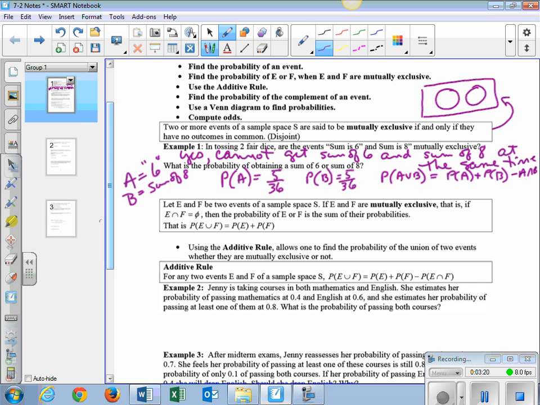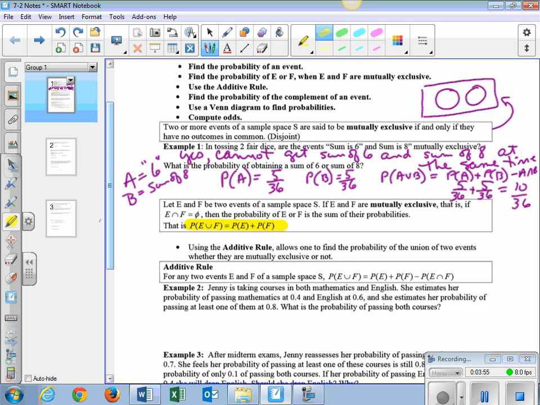So the probability of A would be 5 out of 36 plus 5 out of 36 for the probability of B. So I get this to happen 10 out of 36 times. It's not going to happen both at the same time, so I really don't need to subtract that. So every time it's mutually exclusive, I don't really have to think about subtracting the probability of A and B.